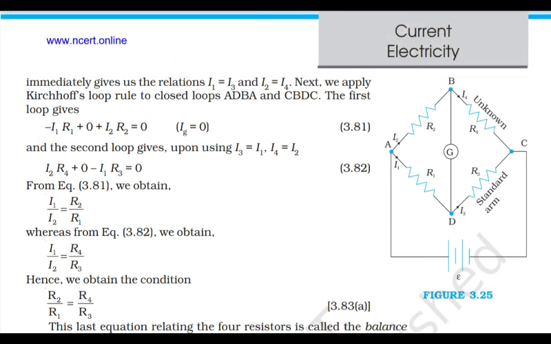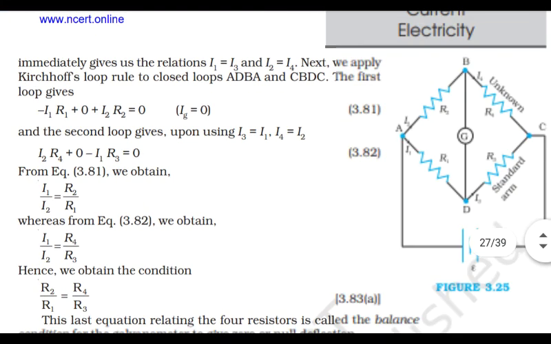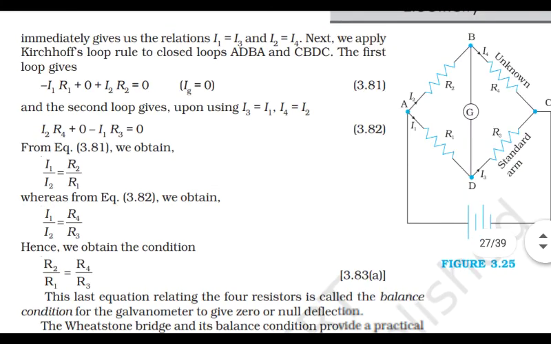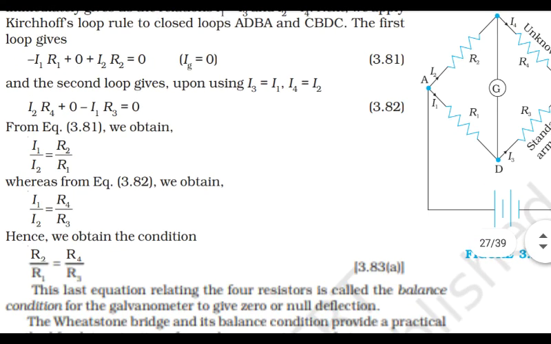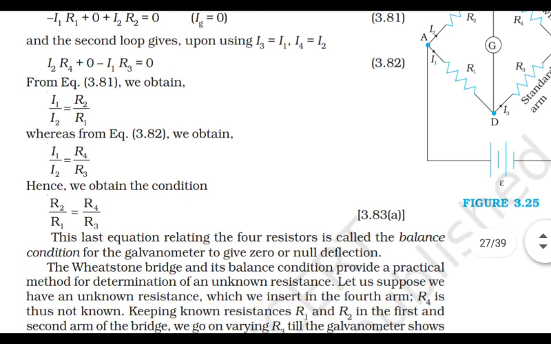And similarly with equation 3.82, we simply write I2 R4 is equal to I1 R3, and when we divide both the sides, from equation 3.81 and 3.82, solving it, I1 upon I2 is equal to R2 upon R1, and I1 upon I2 is equal to R4 upon R3. So we simply got, on equating the two, R2 upon R1 is equal to R4 upon R3.